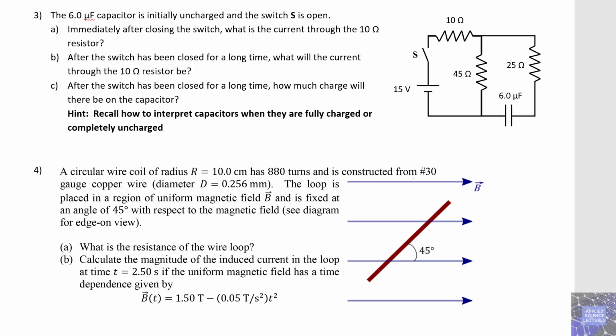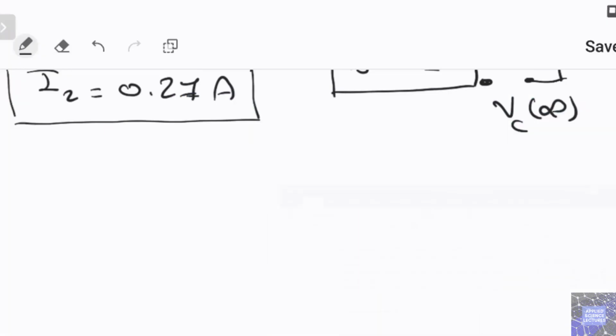After the switch has been closed for a long time, how much charge will there be on the capacitor? So we need to calculate the charge that will be stored in this capacitor after the switch has been closed for a long time.